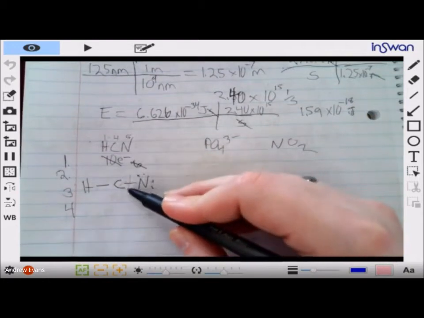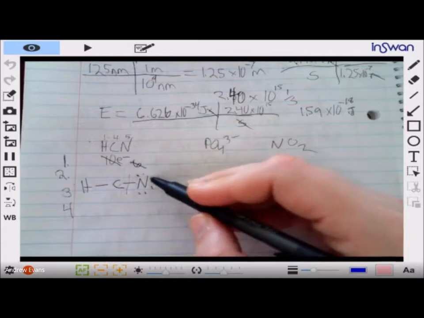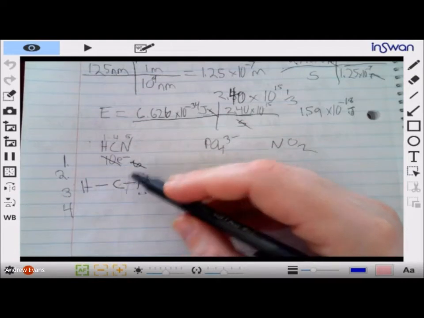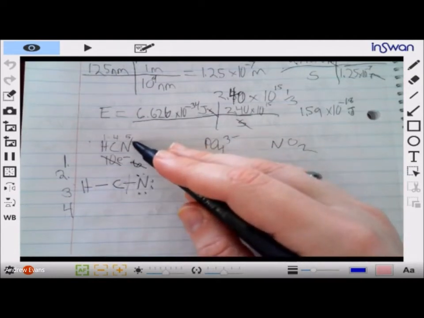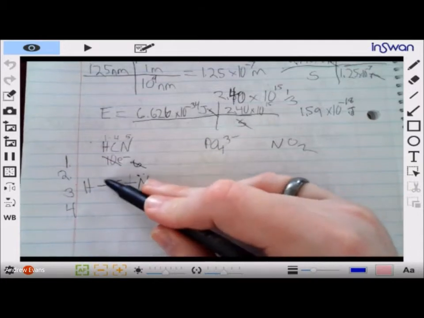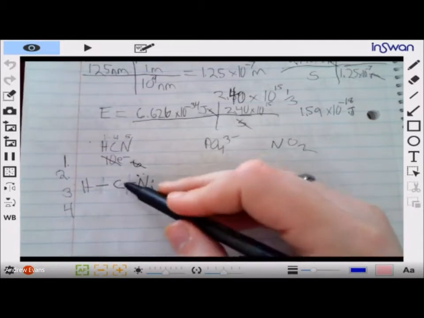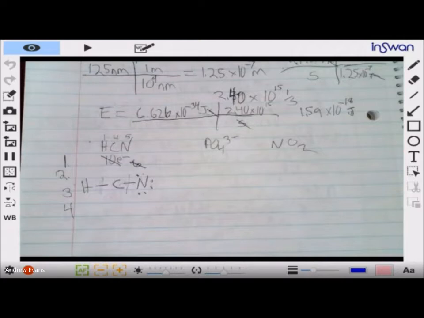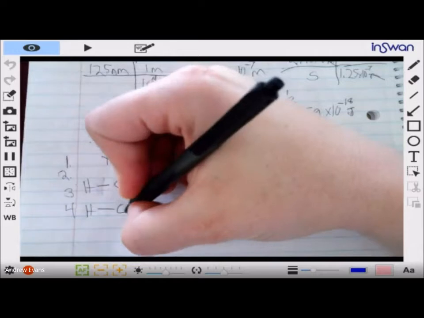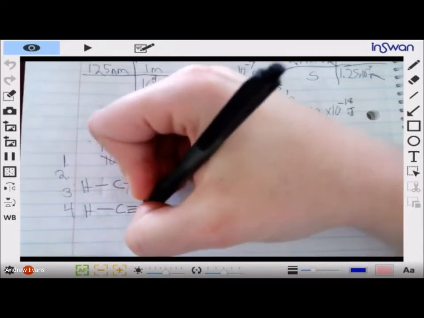If we count the electrons here, we have 1, 2, 3, 4, 5, 6, 7. So there's 7 electrons around it, and we only expect it to have 5. So it has a high formal charge. Carbon wants an octet, and it only has 1, 2. And it's expected to have 4. So we're going to put double bonds to give octets and reduce the formal charge.